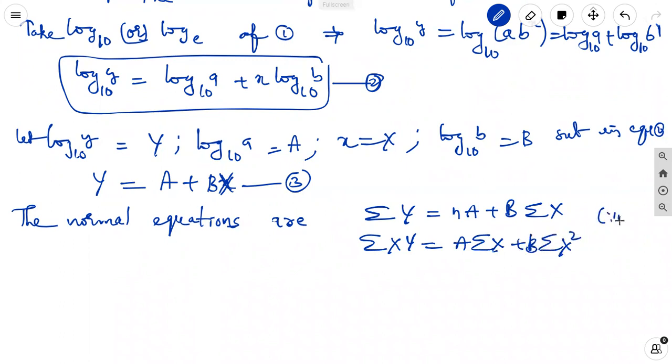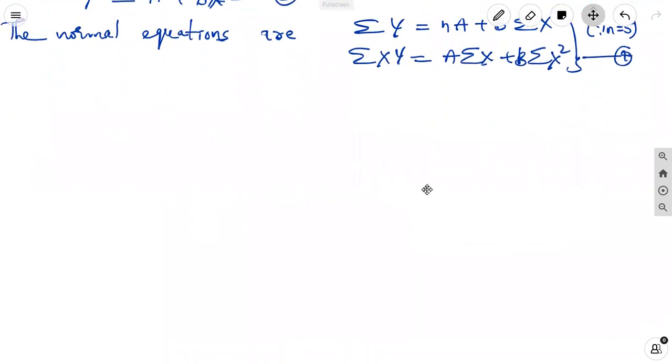Since X values are 2, 3, 4, 5, 6, the number of values for x and y is 5 terms. So n equal to 5. Let it be equation 4.